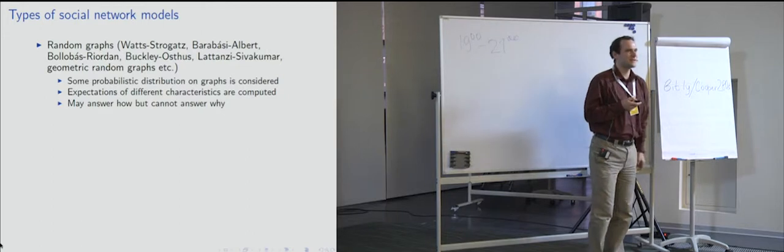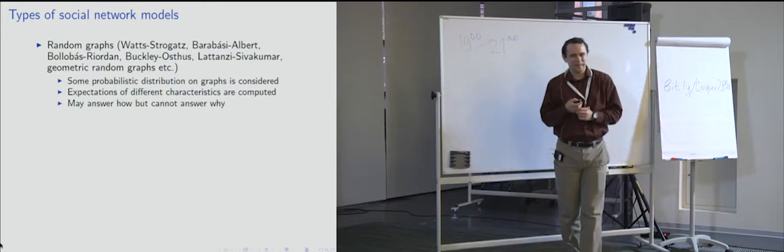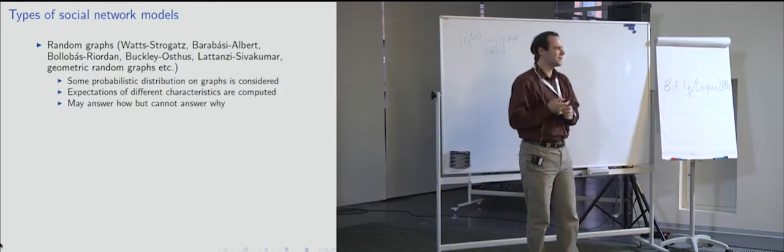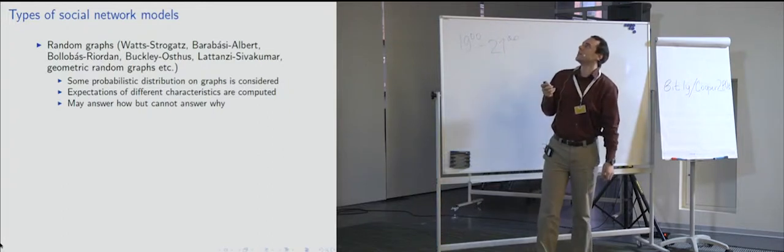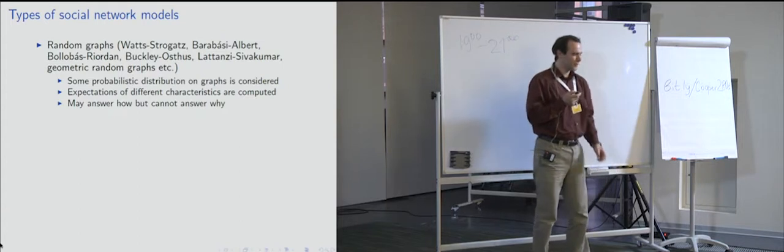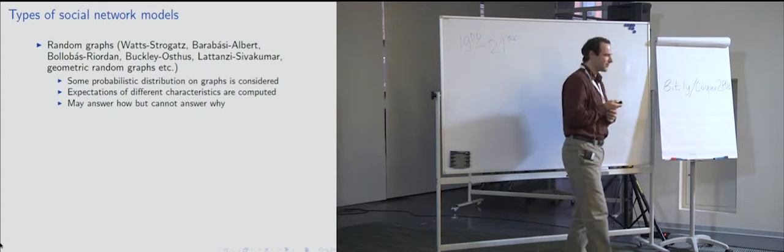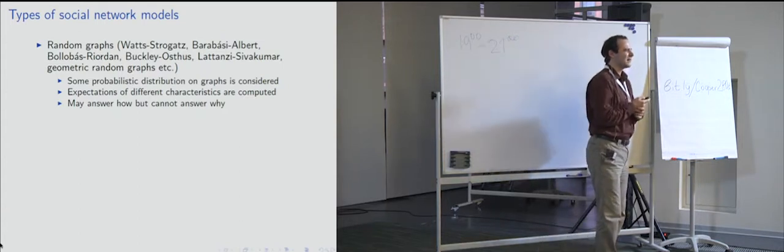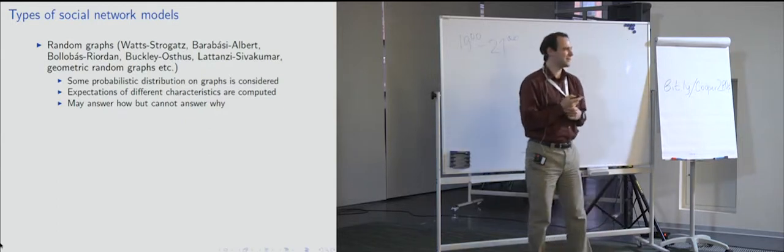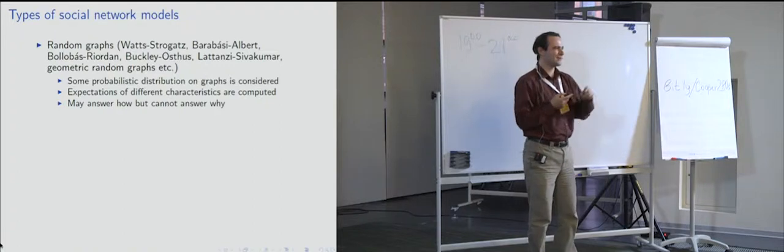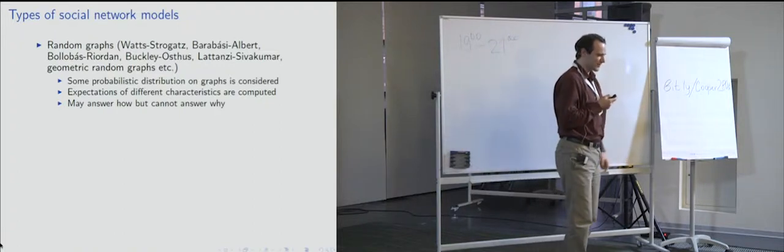And we may say that different models are good for different properties. Say the Watts-Strogatz model is good for small diameter and for high clustering, but is not good for power law degree distribution.